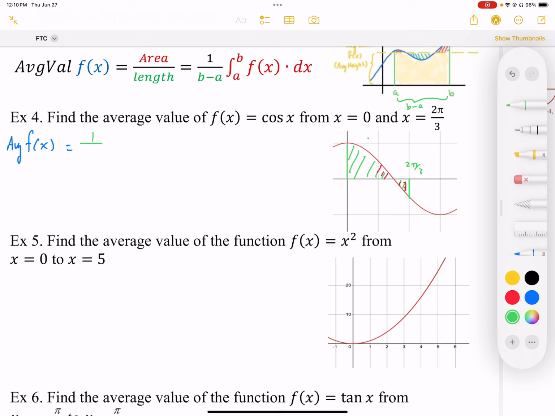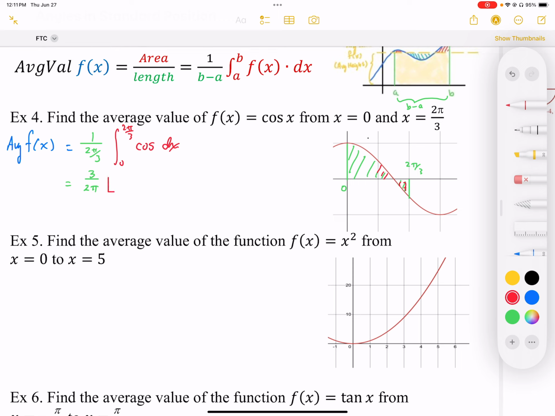My end point is 2 pi over 3, my start point is 0, so it's going to be 2 pi over 3 in the denominator, and then we integrate that function, cosine x, from 0 to 2 pi over 3. Working that out, the coefficient is going to be 3 over 2 pi. That represents the interval width.